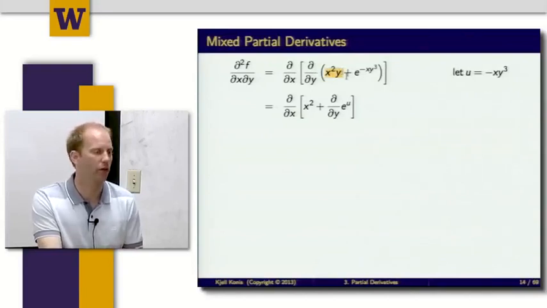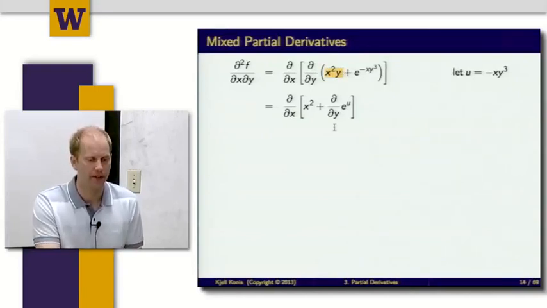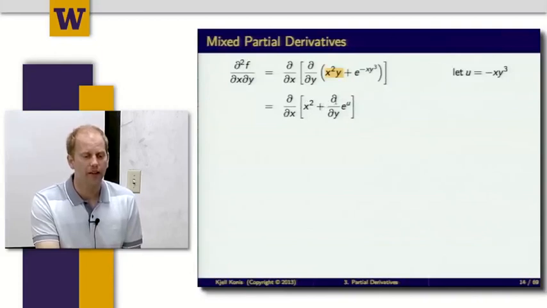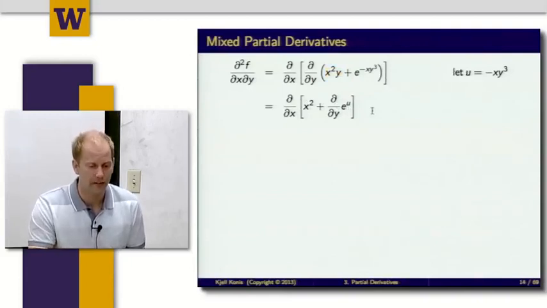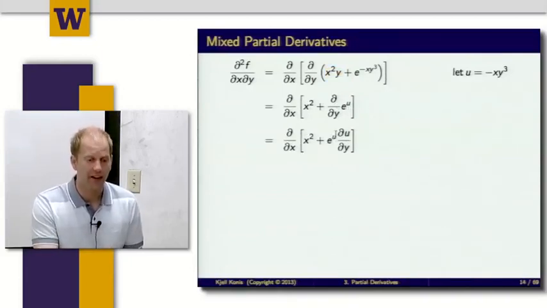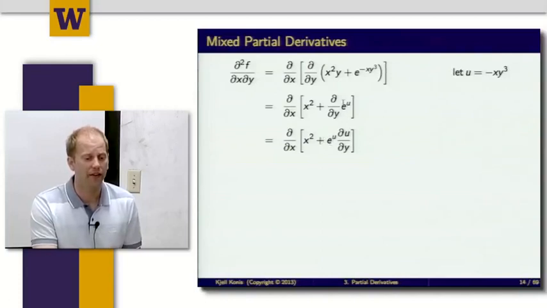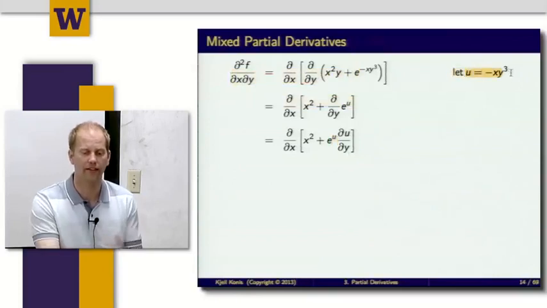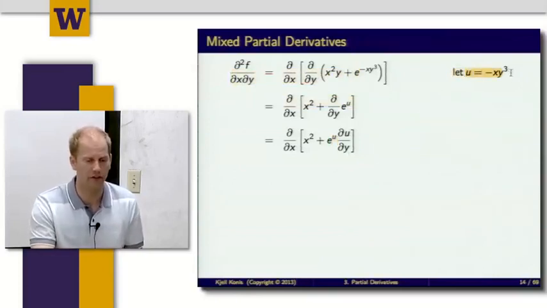So by the power rule, the y is just y to the 0. So I have x squared plus the partial derivative with respect to y of e to the u. That begs for the chain rule. And so that's just going to be the derivative of e to the u with respect to u, which luckily is easy, e to the u, times the partial derivative of u with respect to y, which I'm going to get just exactly like the first example by taking the derivative of my substitution.